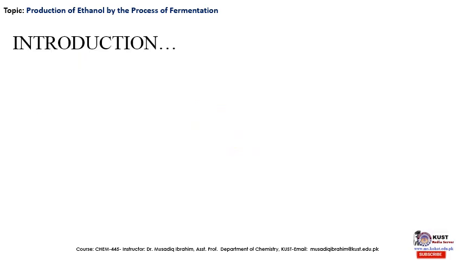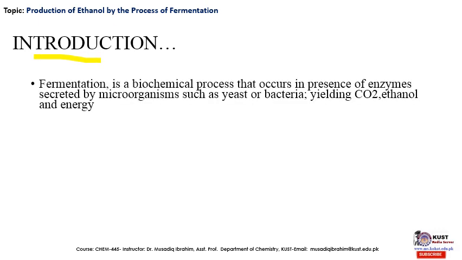Now moving towards the introduction. Fermentation is a biochemical process that occurs in the presence of enzymes which are secreted by microorganisms such as yeast or bacteria, and as a result of fermentation, carbon dioxide, ethanol, and energy are produced.